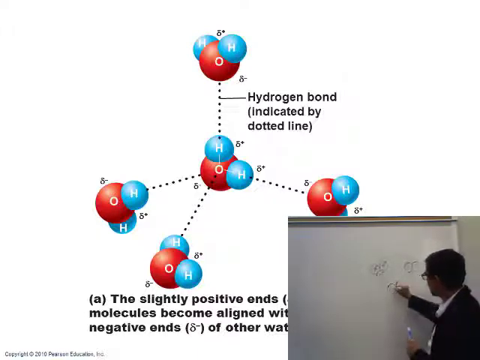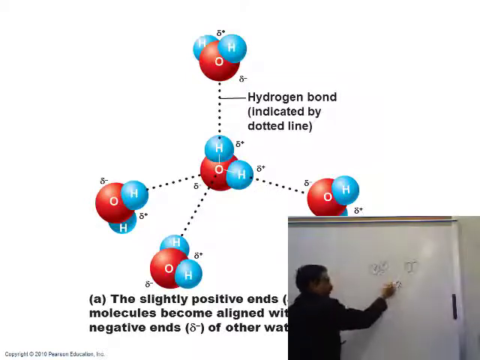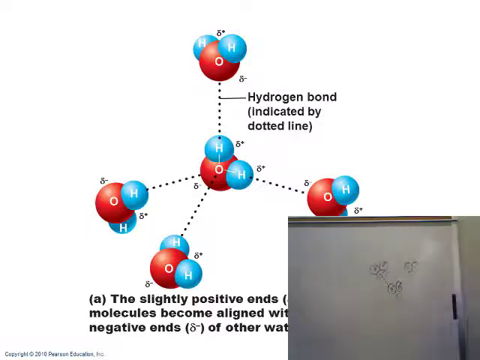Same way, 2 hydrogen, weakly positive, 1 oxygen, weakly negative. So when the water molecules get closer, the weakly positive hydrogen attracts the weakly negative oxygen, positive negative, right? Positive negative, positive negative, and these are the hydrogen bonds between hydrogen and oxygen. Hydrogen bonds hold the water molecules in your body together, and we know that water molecules try to stay together.